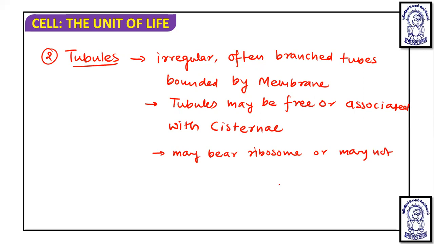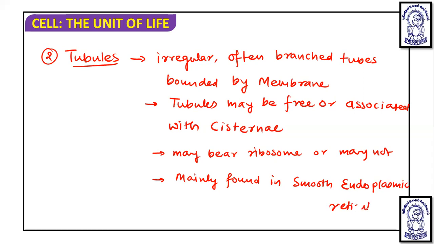It can have a ribosome present over this or not, and it is mainly found as a component in smooth endoplasmic reticulum. And these tubules are a branched structure, so they look somewhat like this. Okay, and ribosome may or may not be present over them.